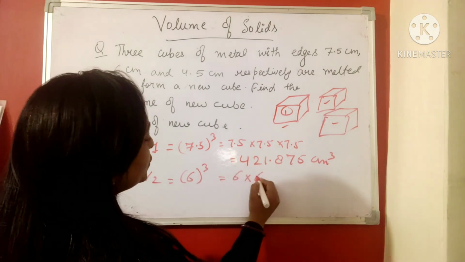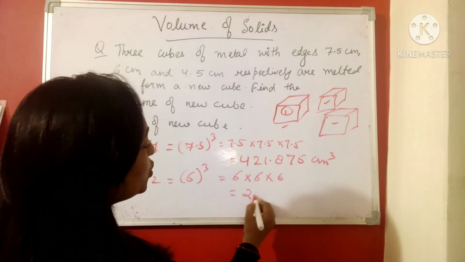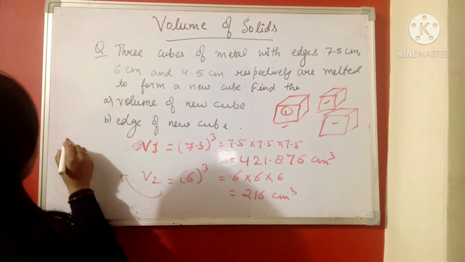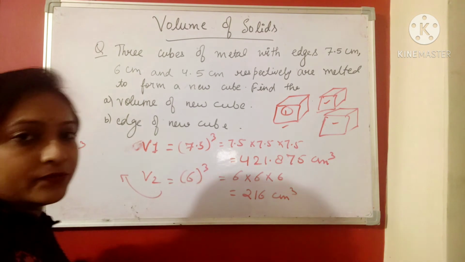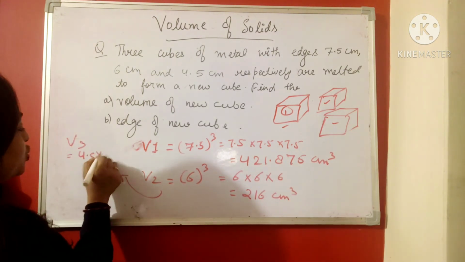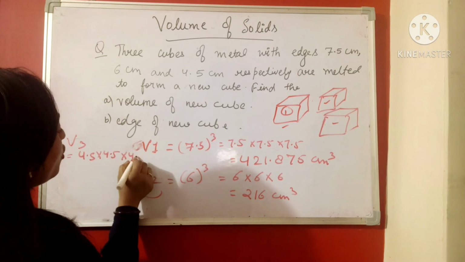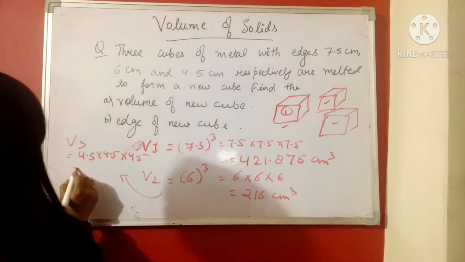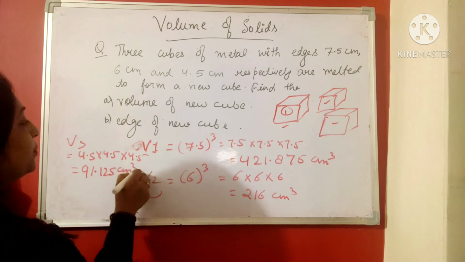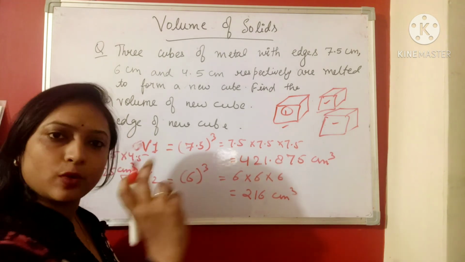Multiply 6 into 6 into 6, which will give 216 centimeter cube, right? Now volume 3 is of the 4.5 centimeter edge. That means 4.5 into 4.5 into 4.5. The answer will be 91.125 centimeter cube.